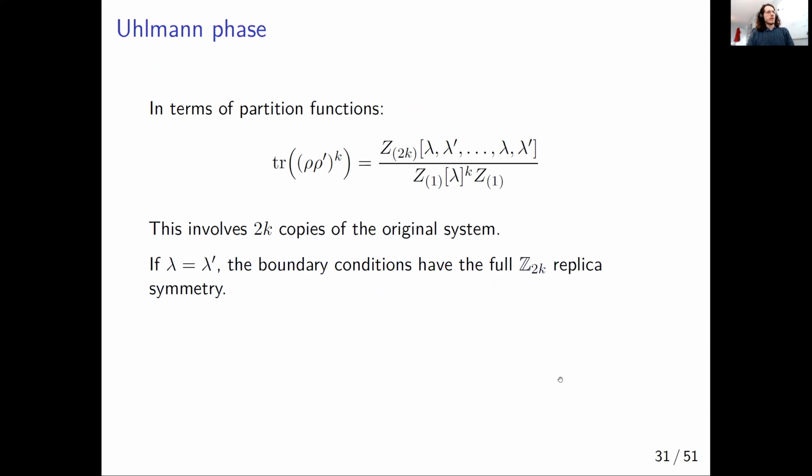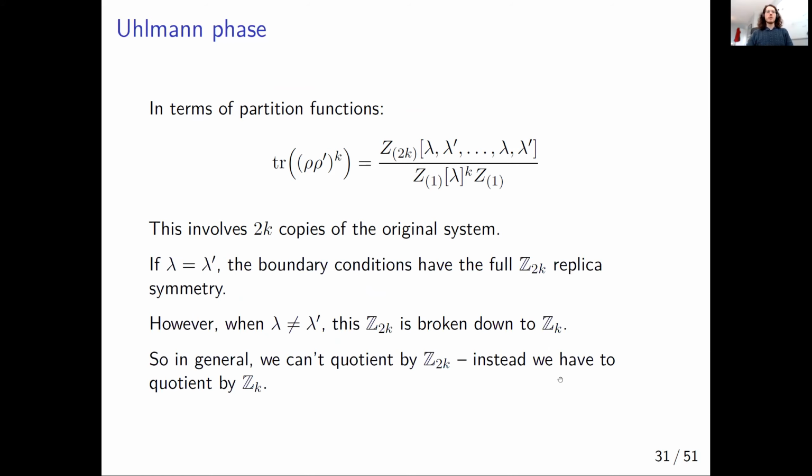And if lambda equals lambda prime, then we have the same replica symmetry that we had previously, a full Z2k replica symmetry. But when lambda isn't equal to lambda prime, the Z2k is broken down to a Zk. So it cyclically permutes twice, so that the lambdas match up with the lambdas and the lambda primes match up with the lambda primes.